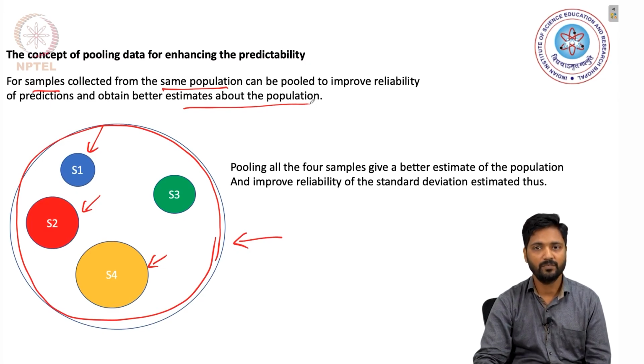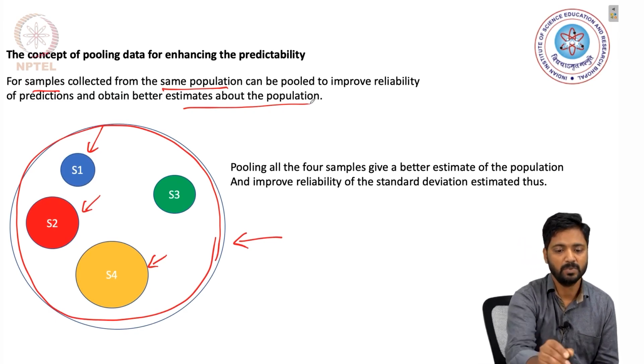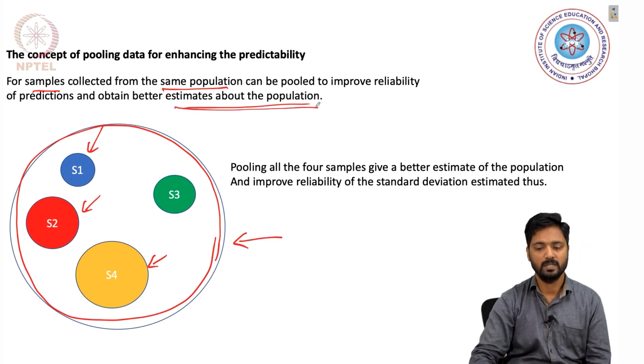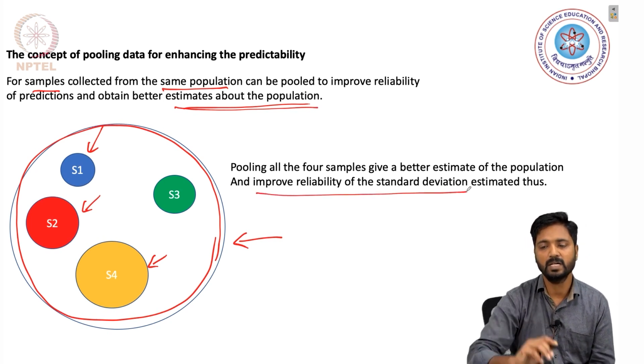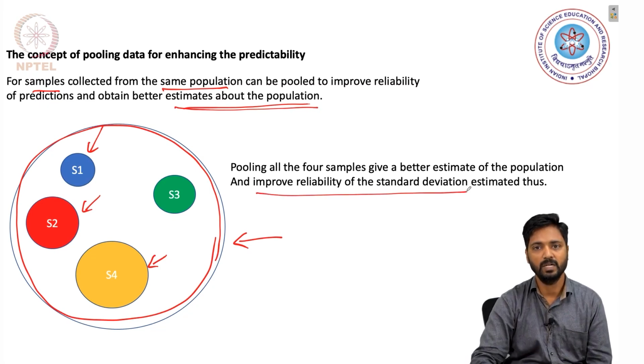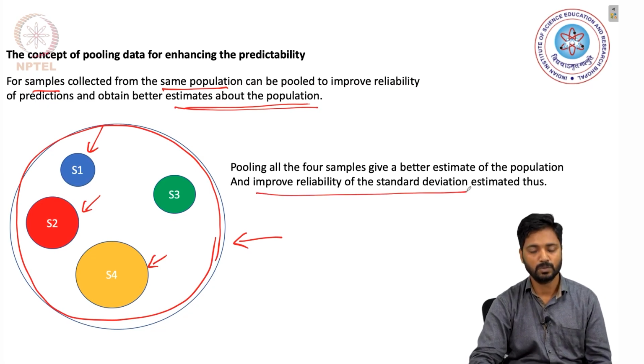Once we have collected this data, we can utilize pooling to get a better estimate about the population by this pooling protocol. What this protocol is, we will learn now, and you also need to understand that by pooling this we improve the reliability of the standard deviation that we estimate.